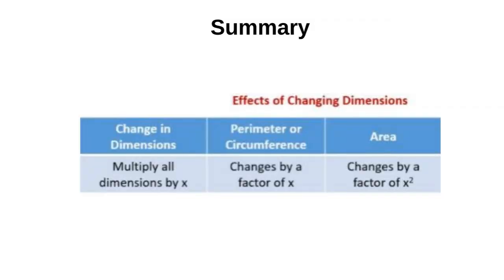Now let's summarize what we have learned today. The change in dimensions can be done by multiplying all the dimensions by x, and x here is the scale factor. Now the perimeter or the circumference changes by a factor of x, and the area changes by a factor of x squared.